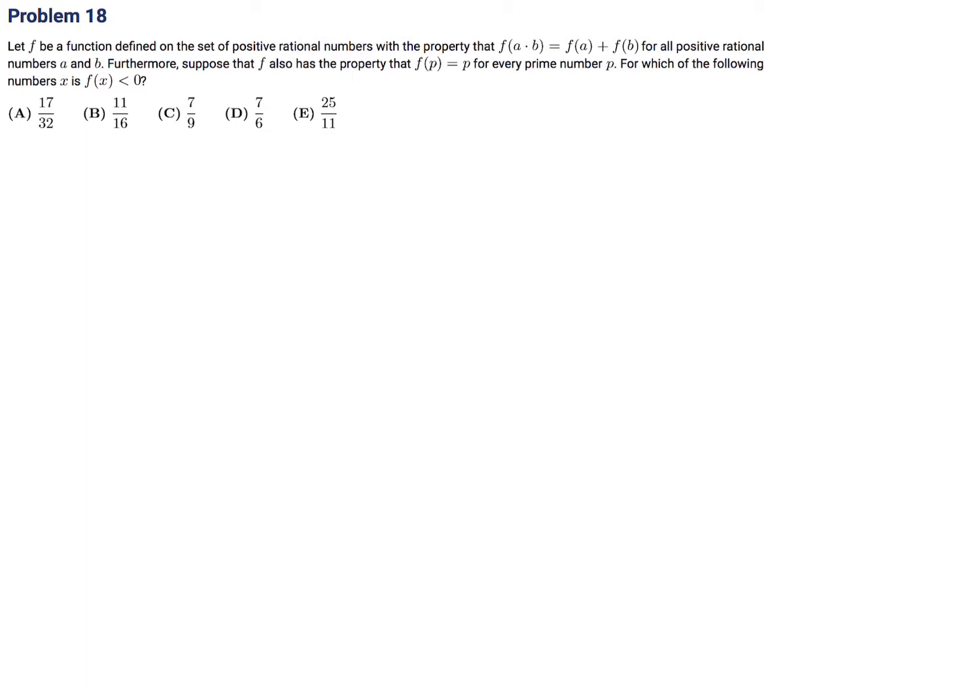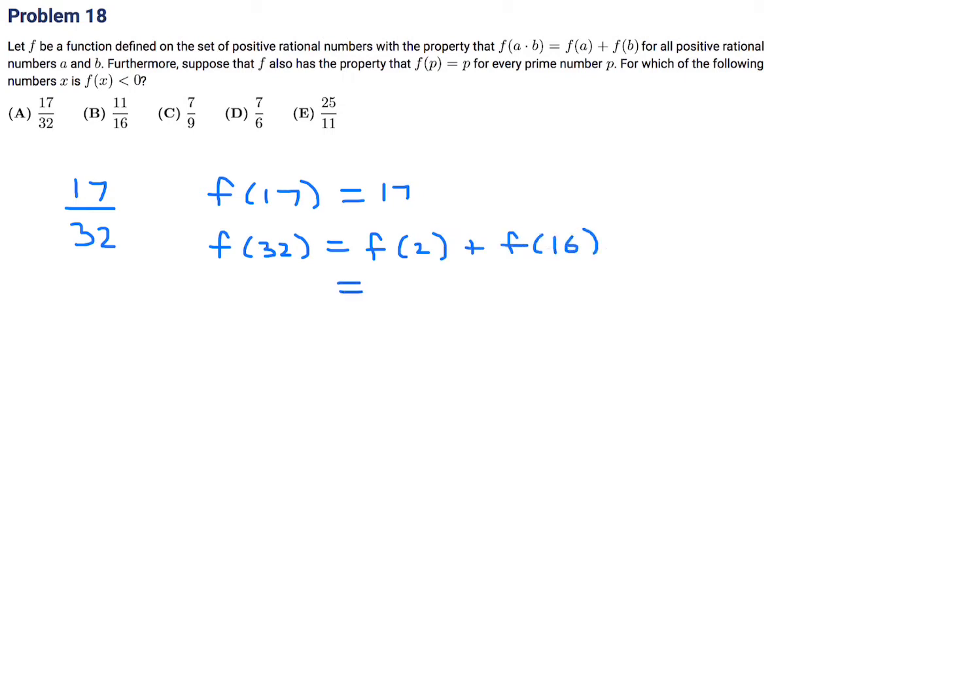Why not? So let's start with 17 over 32. F at 17, since 17 is a prime number, that's just going to be 17 according to their definition. 32, however, is not a prime number, but we can break it up using 2 and 16.